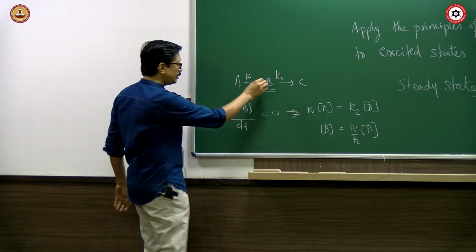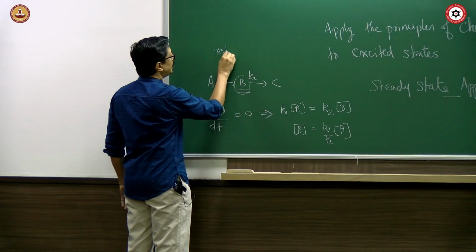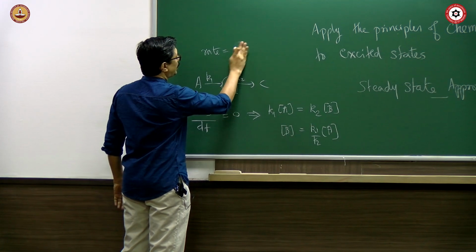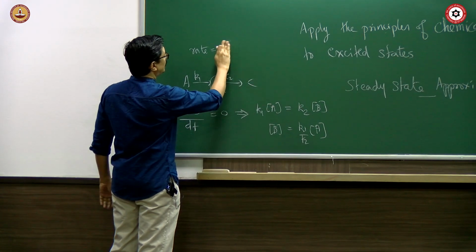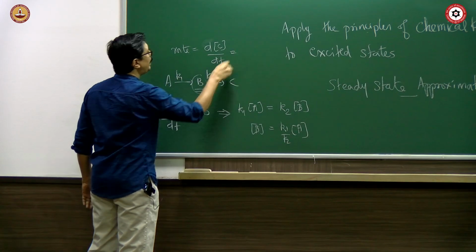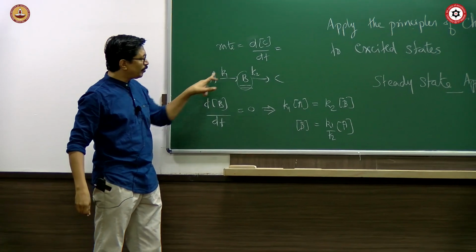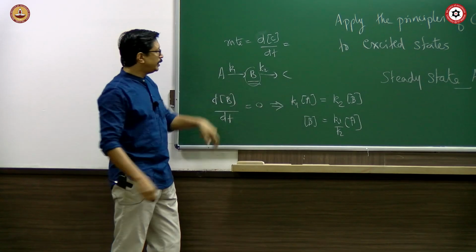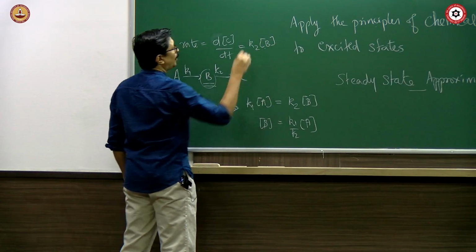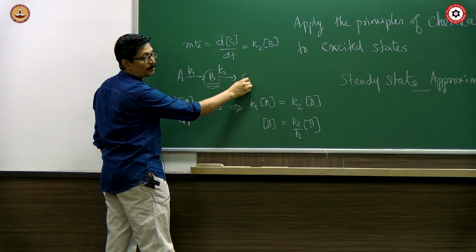Now, since concentration of B is constant, the rate of this reaction I can represent as K2 into the like dP by dt, dC by dt. dC by dt means C is the product. I can write either in terms of reactant or in terms of products. So dC by dt will be equal to K2 into B. B is the concentration from which C is formed.